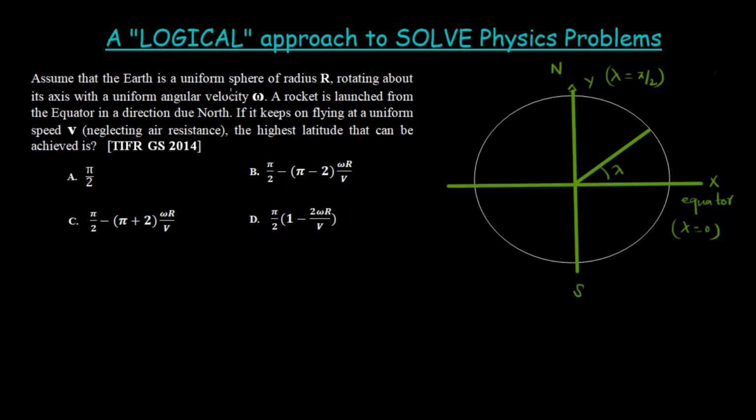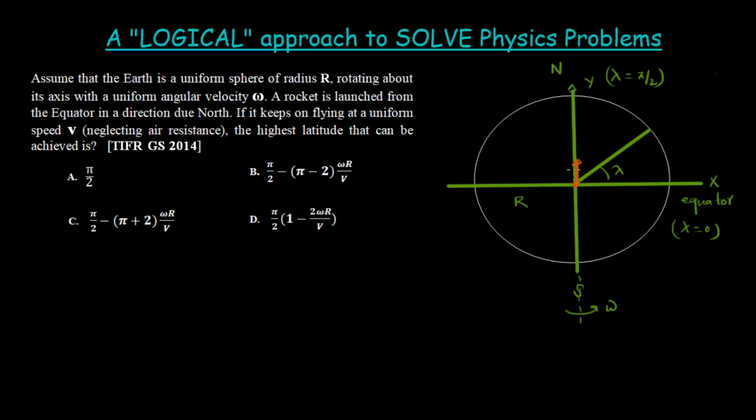We have assumed the Earth to be a uniform sphere of radius r, rotating with a uniform angular velocity omega. We are going to launch a rocket from the equator in a direction due north, towards the north pole. We are firing due north, right?